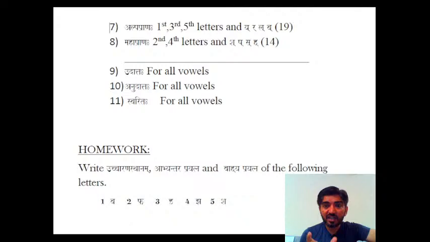So this is how you can understand udatta and anudatta, but how exactly can you spell it? Udatta, a sound, then how to spell anudatta? See, this is lower, the lower part of the articulation places in our mouth, right?